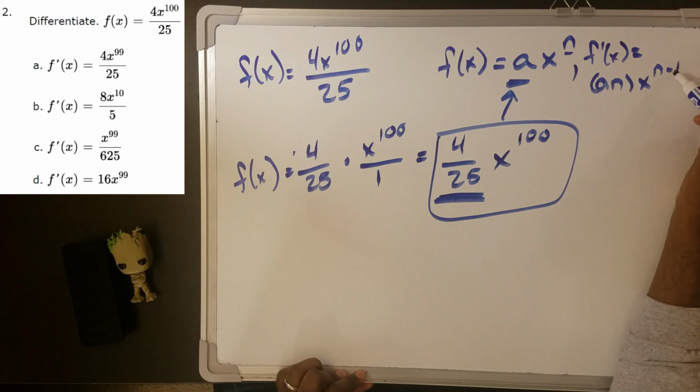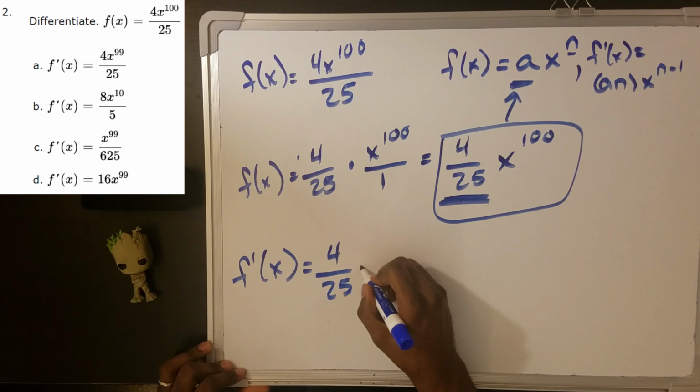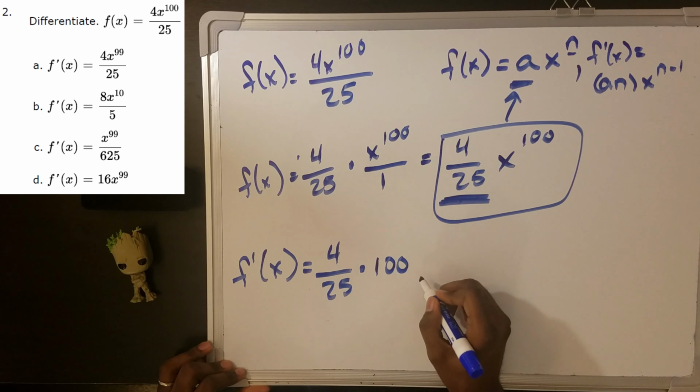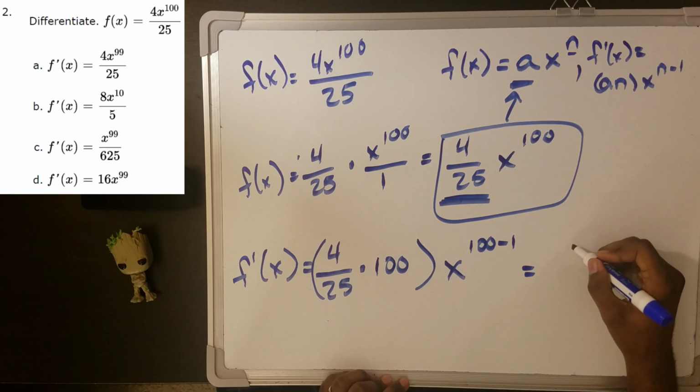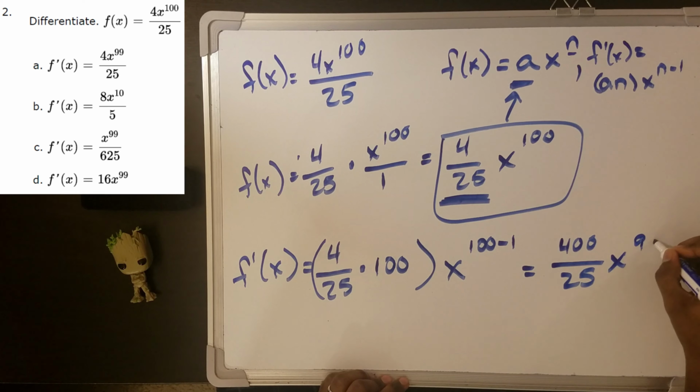If this is our coefficient and this is our n, f prime of x tells us to multiply 4 over 25 by 100, times x to the 100 minus 1. When we combine this, we get 400 over 25 times x to the 99th power.